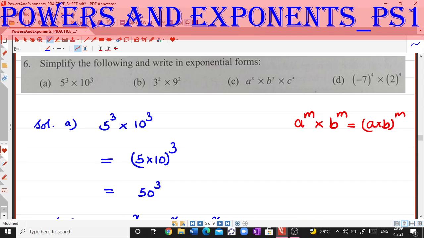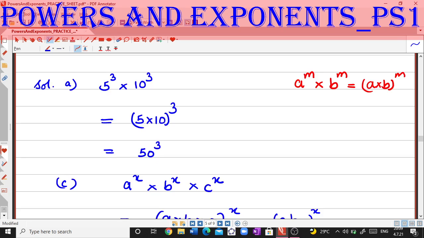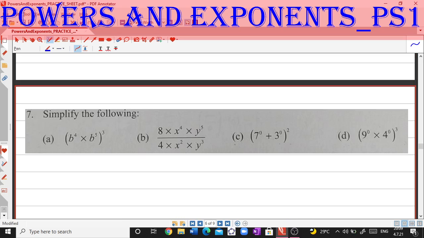I want you to solve the B part and D part on your own. Now moving to the next question. Again there is simplification. So let's try it. b to the power 4 multiplied by b to the power 5, whole raised to the power 3.